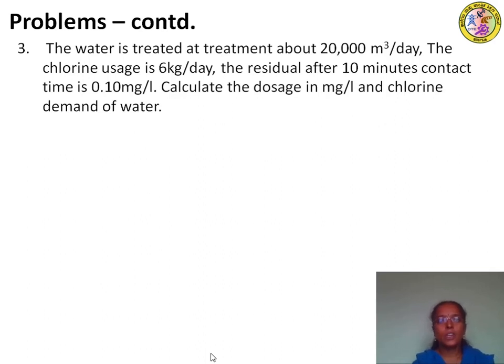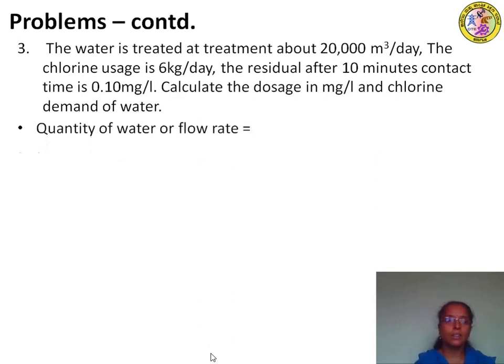Next, we'll move to the third problem. The water treated at a treatment plant is about 20,000 meter cube per day. The chlorine usage is 6 kg per day. The residual after 10 minutes contact time is 0.1 milligram per liter. Calculate the dosage in milligram per liter and the chlorine demand of water.